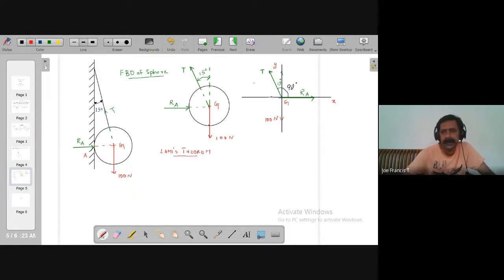Just represent these three forces again conveniently. So we start from some point here, which is the center of gravity G.